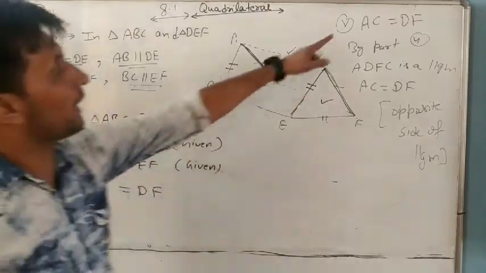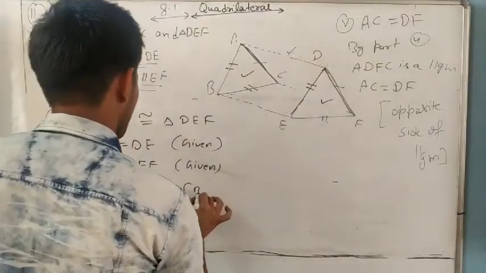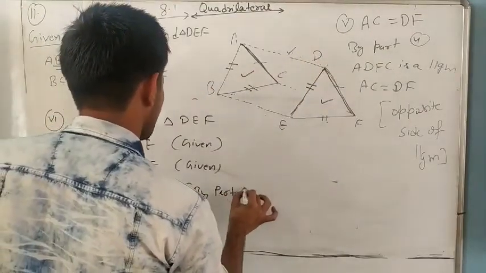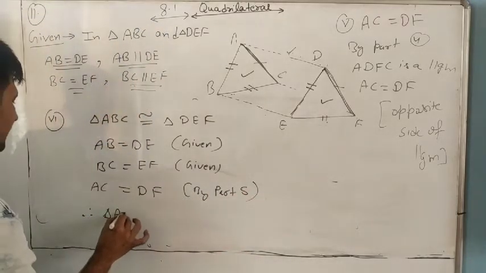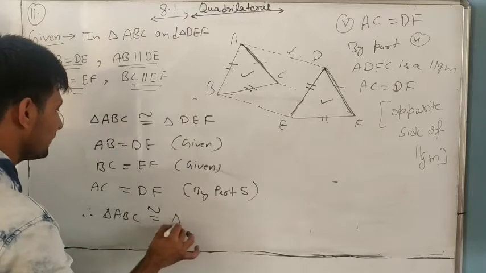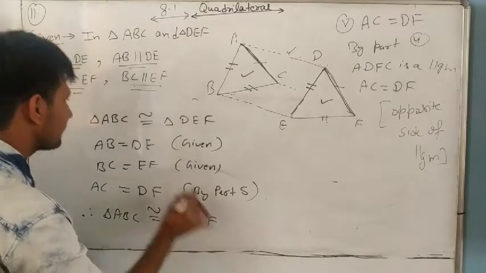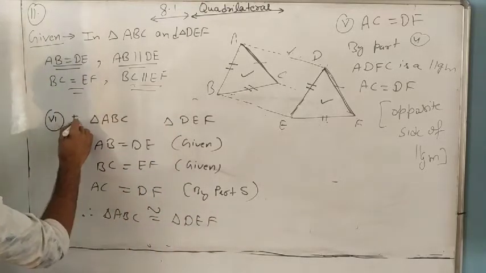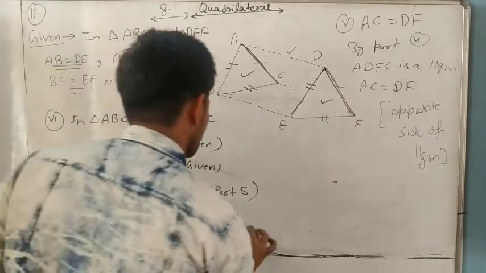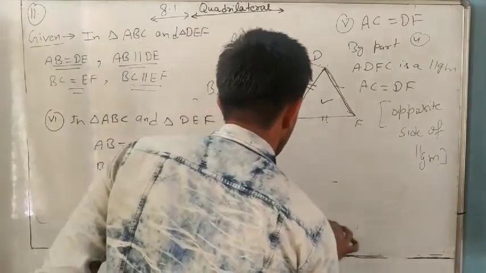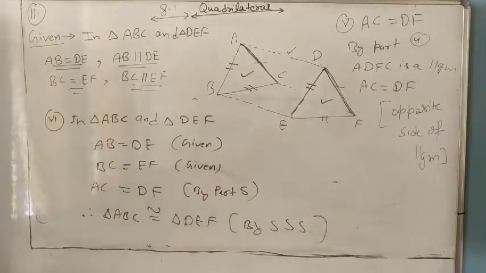Why? By part 5. So therefore triangle ABC is congruent to triangle DEF. So in triangles ABC and DEF, prove it by the side criteria. Okay, very easy question this one. So do it yourself.